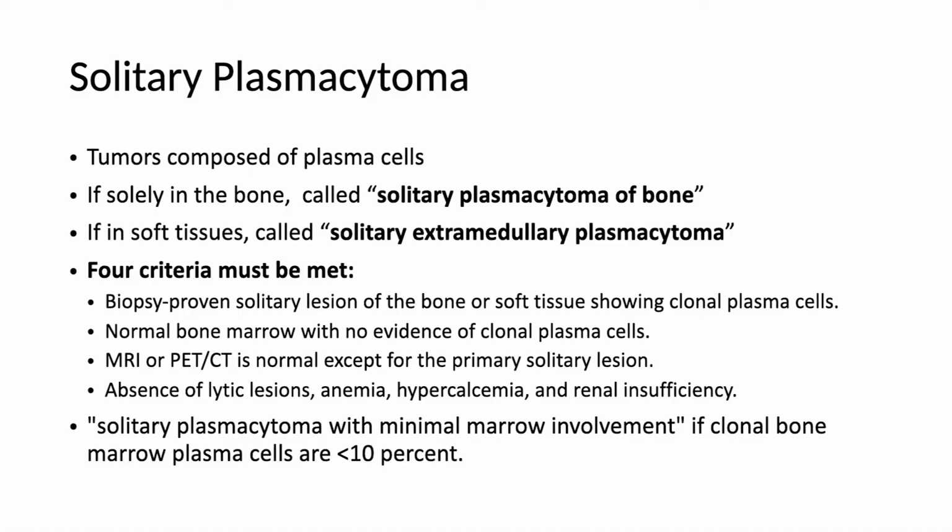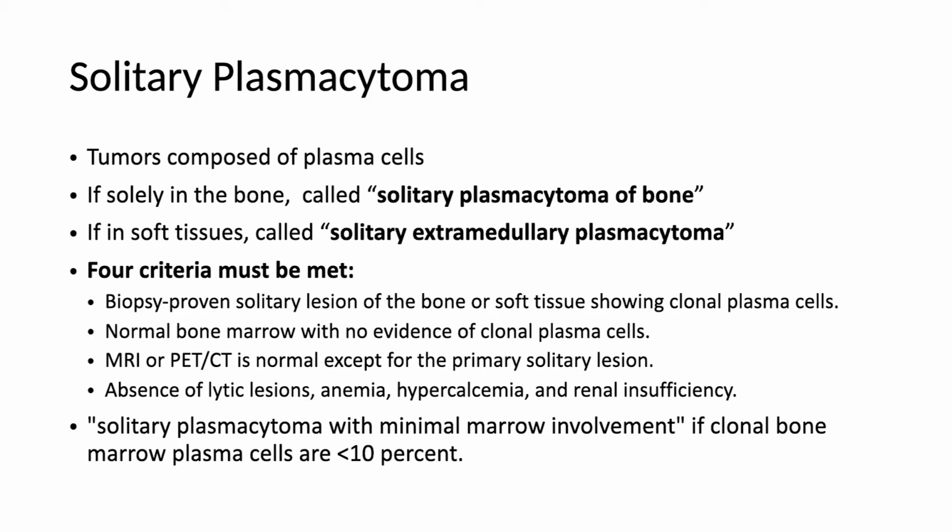Unlike multiple myeloma, which is not curable, solitary plasmacytoma could be cured with radiation and local treatment. If solely it is in the bone, it is called solitary plasmacytoma of bone. If it's in soft tissue, it's called solitary extramedullary plasmacytoma.